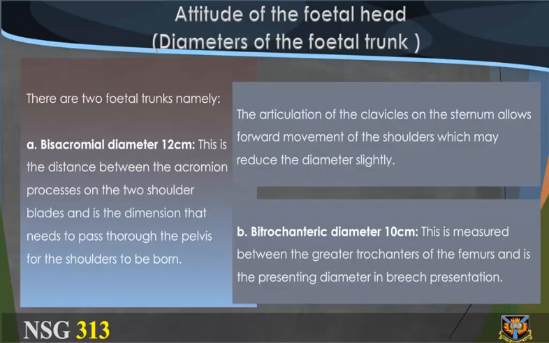Diameters of the fetal trunk. There are two fetal trunk diameters, namely A. Bisacromial diameter, 12 cm.